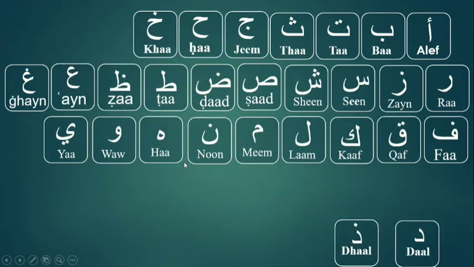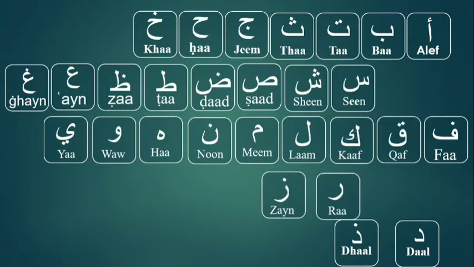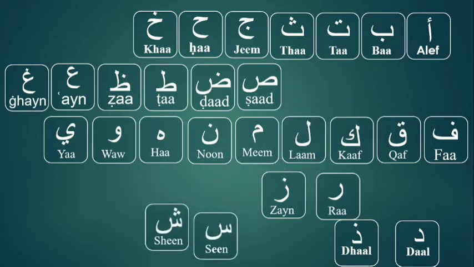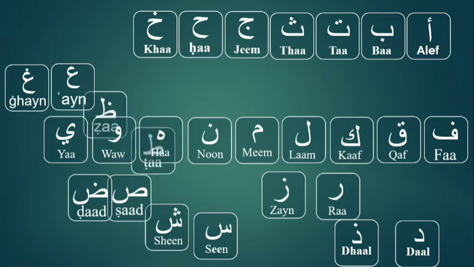Then we will learn ra and zain. Then we will learn sin and sheen. Then sad and dad. Then finally ta and dha.